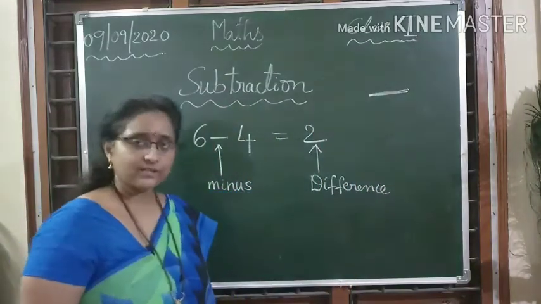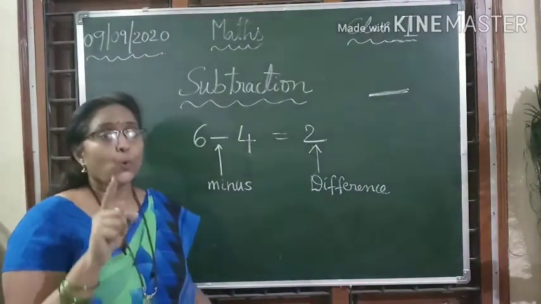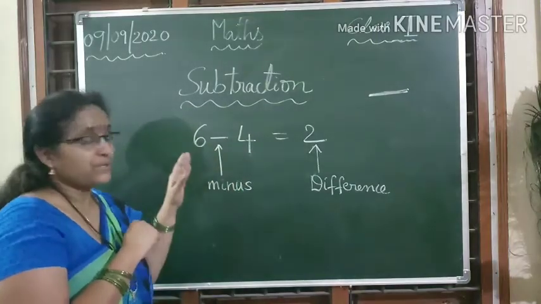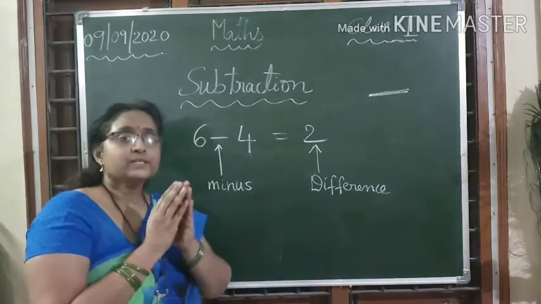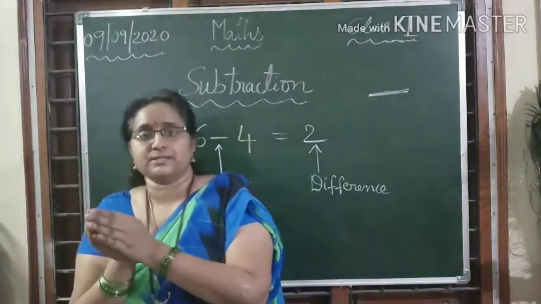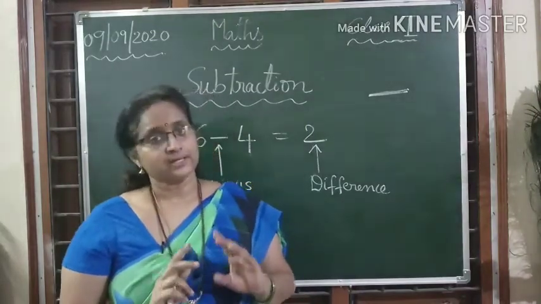Is it clear, children? And one more important thing, once again I am repeating, we have to subtract the smaller number from the bigger number always. We only take small parts from the bigger parts. You should remember that in your mind while doing subtraction.